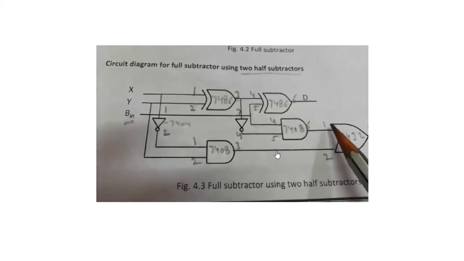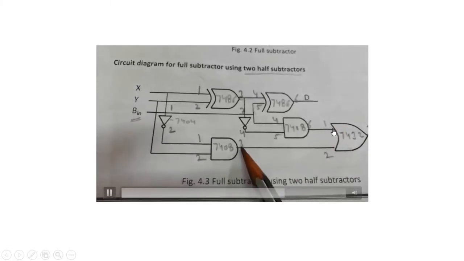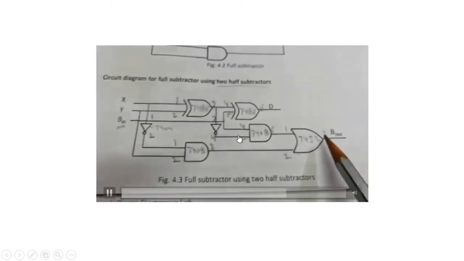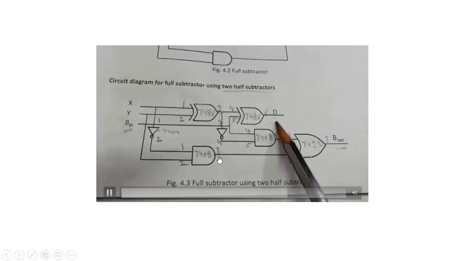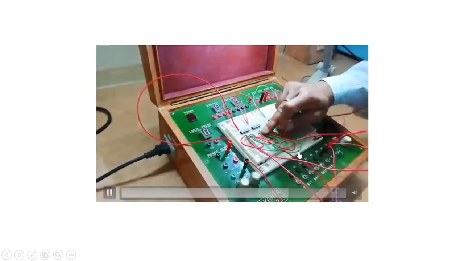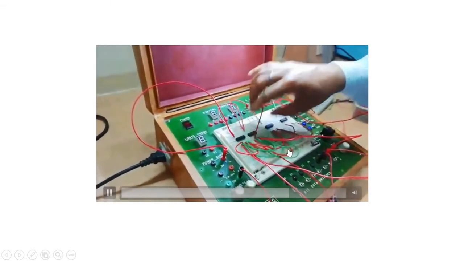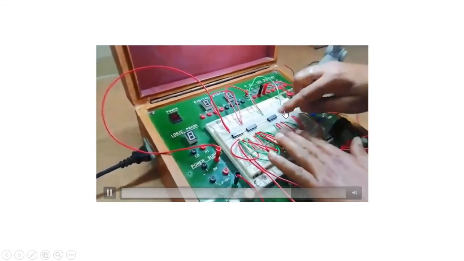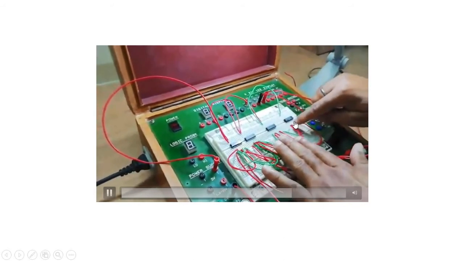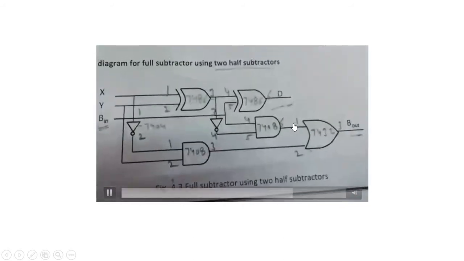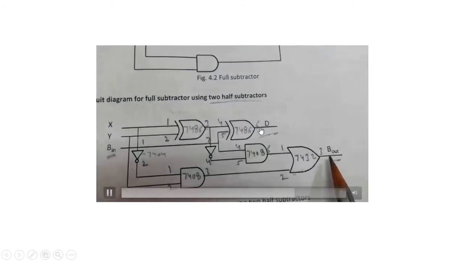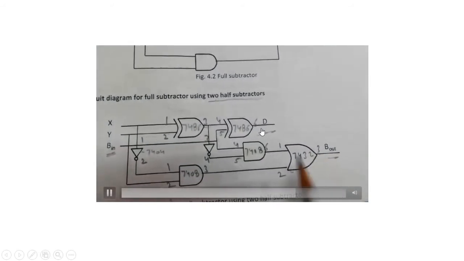Now you give the output of this AND gate to the OR gate, and the borrow from the previous, first half subtractor you also give to this OR. You are getting the difference at the 6th pin of the XOR gate IC.